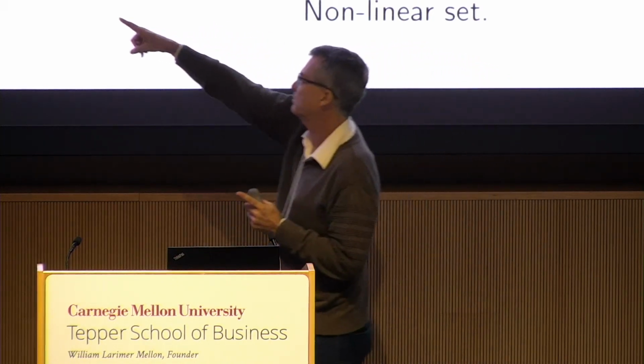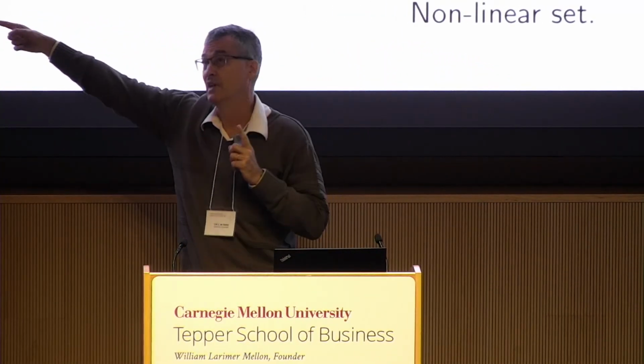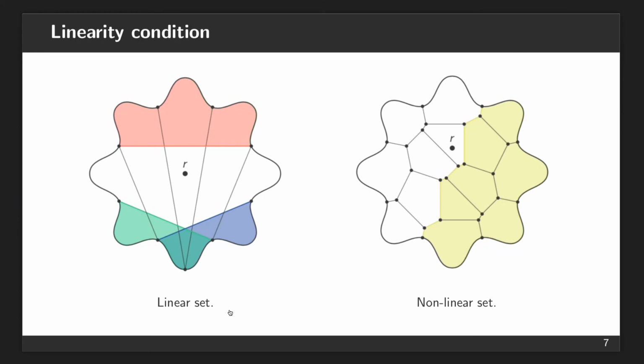So here on your left side, you have a linear set, so the barriers are actually chords of the polygon representing the forest, so they always protect some region by themselves. This is not the case here, because if you think of the barriers as the segments between 2 points, you see that in this case none of the barriers will protect any region from the fire alone. They have to cooperate. Okay.